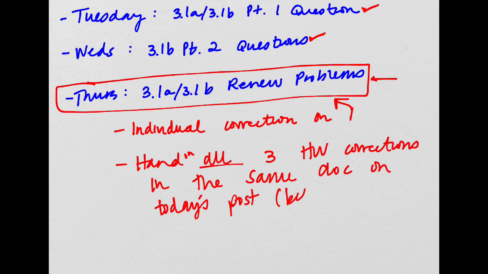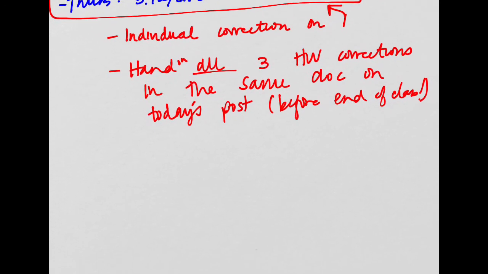This is before the end of class, so in the next 10-15 minutes. Be sure that all these are in red. Be sure that they're all in one single doc, so you can copy and paste or take pictures and put them all in the same document. And that is it for the homework corrections.